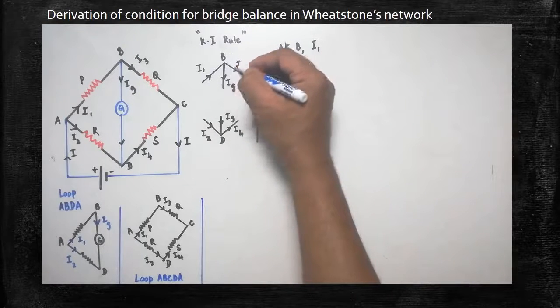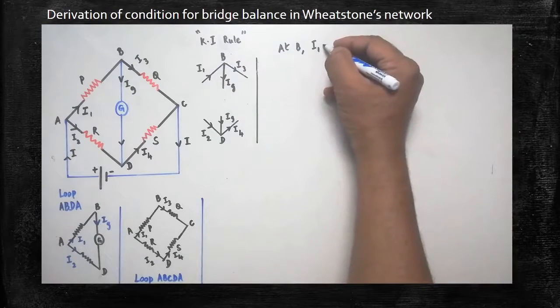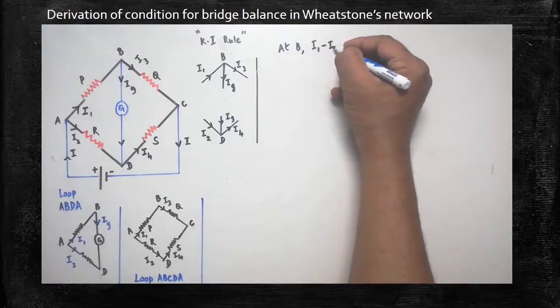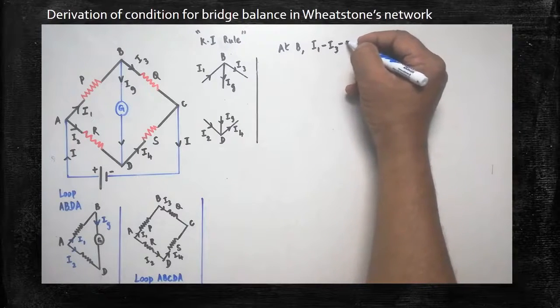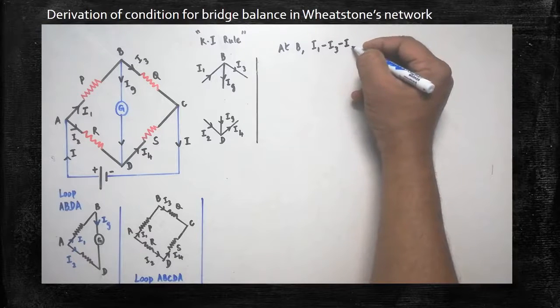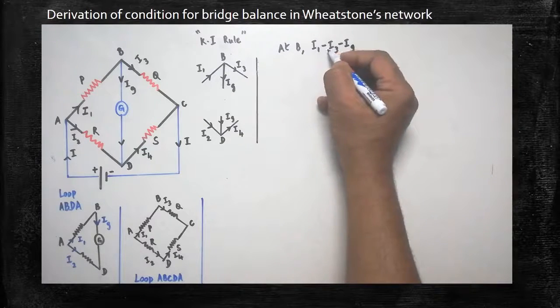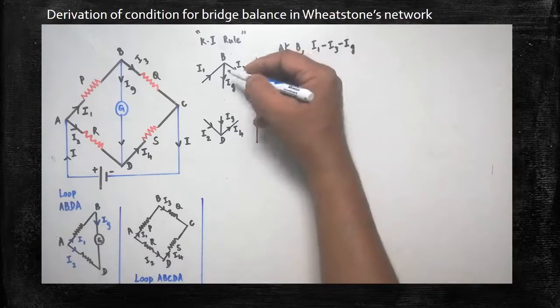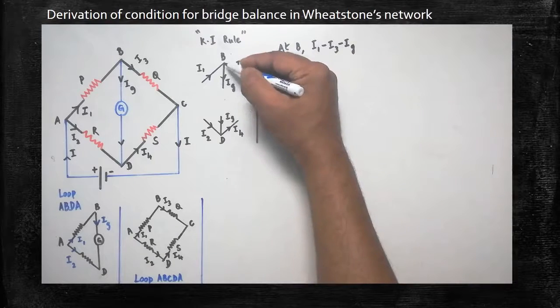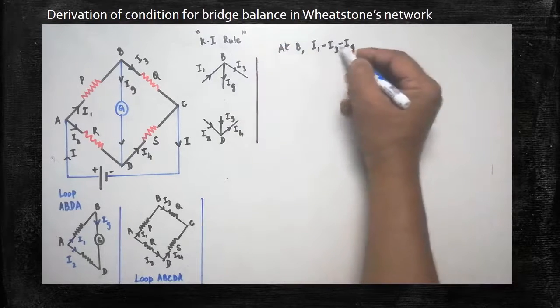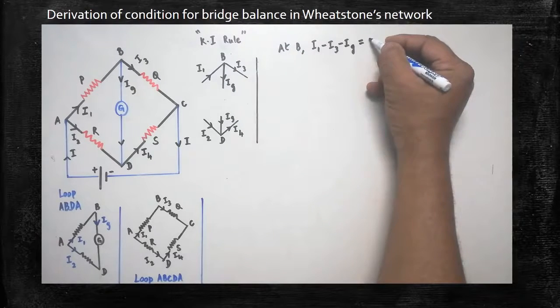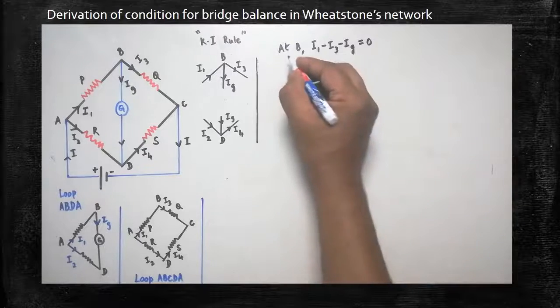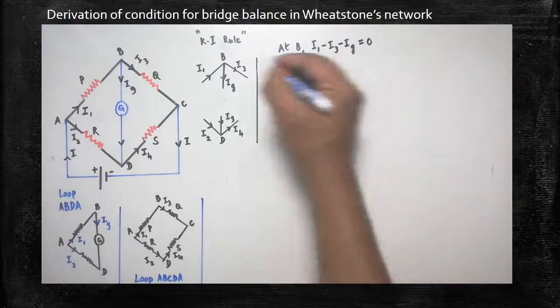And these 2 currents are leaving the junction, therefore a negative sign must be written. I have already taught these concepts in the previous discussions. So I1 minus I3 minus Ig. I3 and Ig both are leaving the junction, therefore the minus sign. Finally at B, the algebraic sum is 0. So this is the rule applied at B.